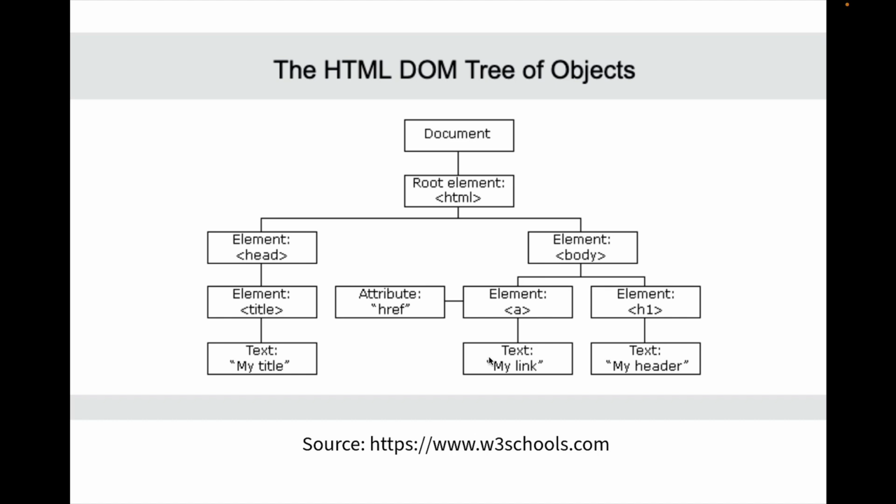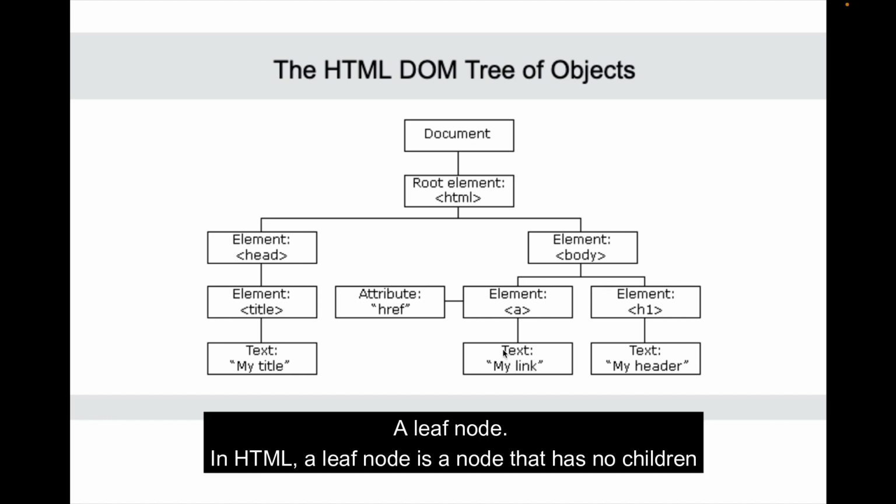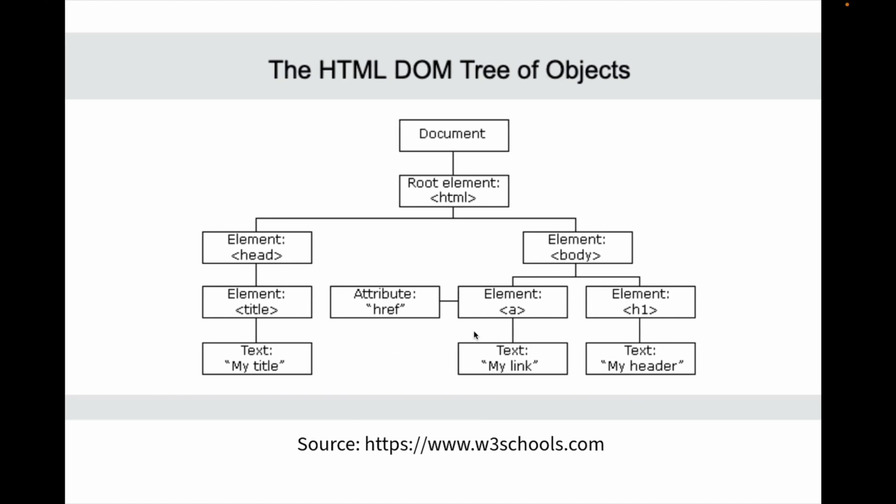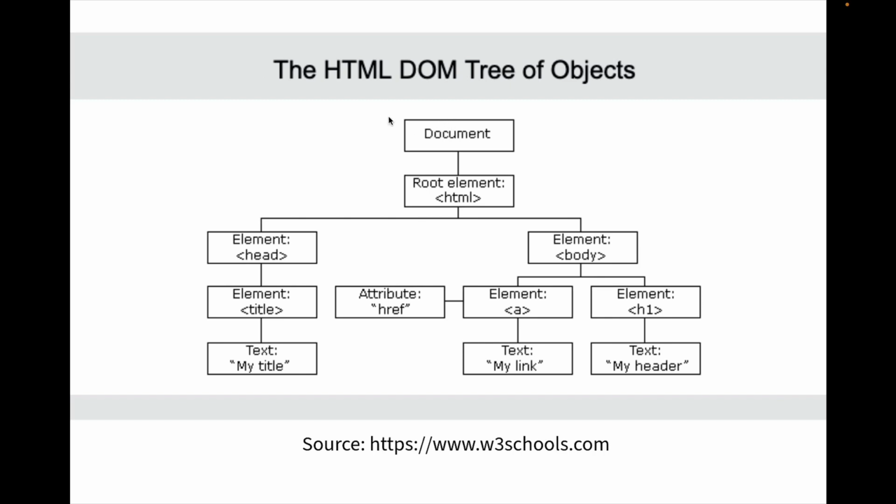Every last section of an HTML tree that does not have children is like a leaf. You can see this is a text element, this is another text element. This could be a paragraph, it could be another a tag, and so on. So that is the HTML DOM.